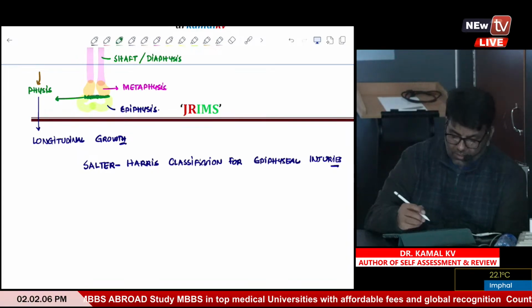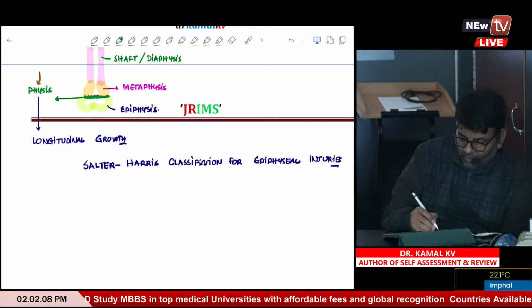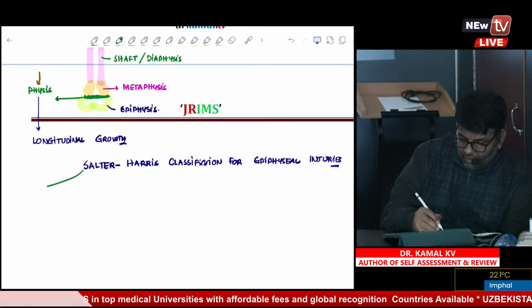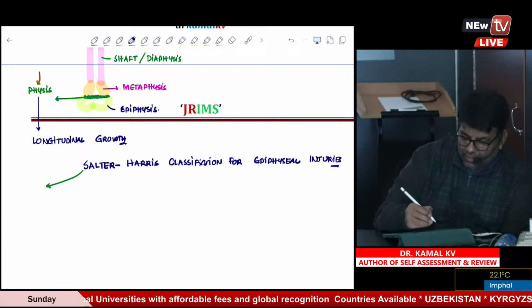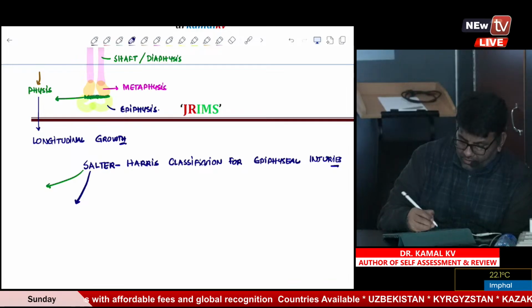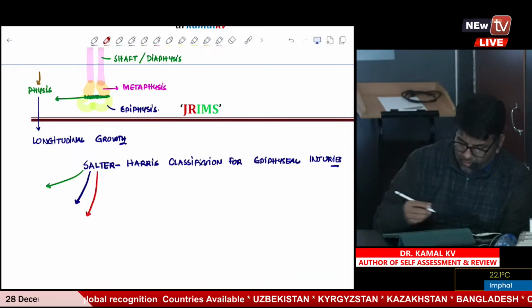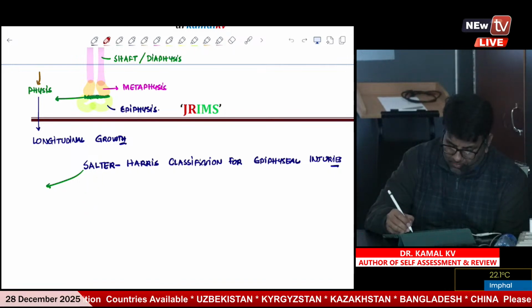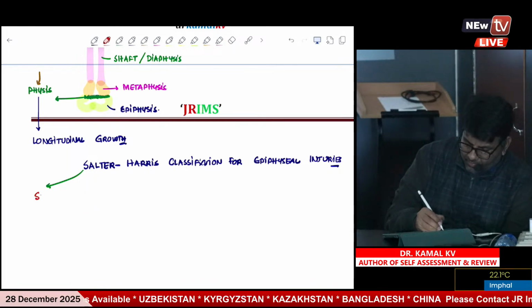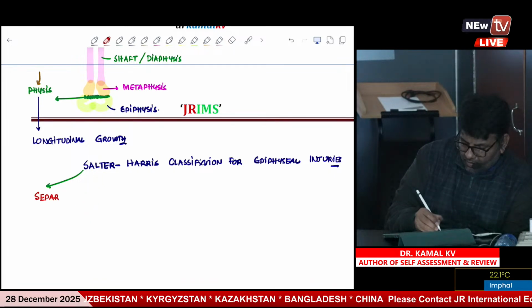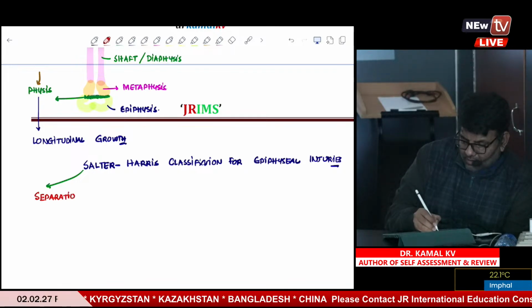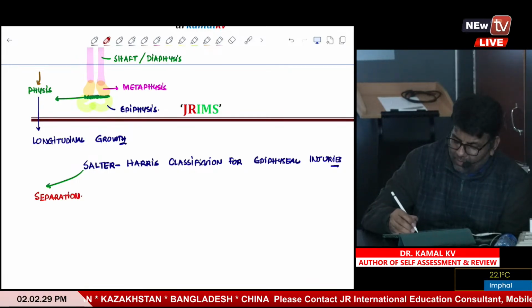So what happens? We can take the 5 types of injury from a mnemonic, we can make the mnemonic from the name itself. Okay, so S is for separation. S means separation.